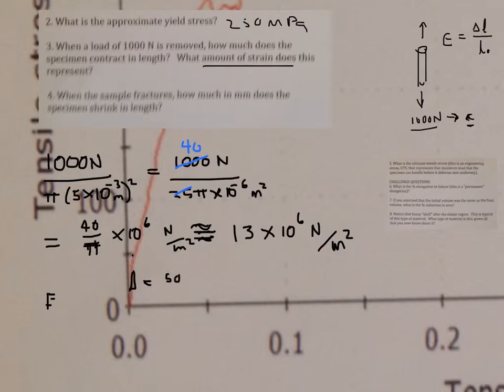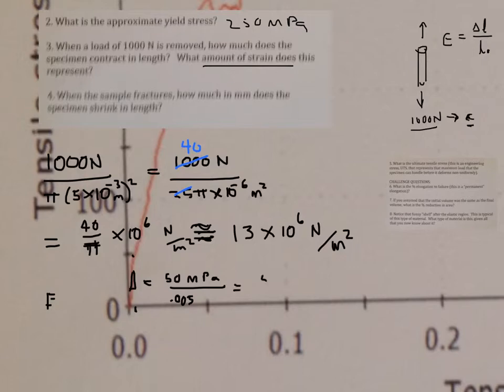We could say the Young's modulus is equal to 50 megapascals divided by this strain here, which is, I call that roughly 0.005 strain, no units.